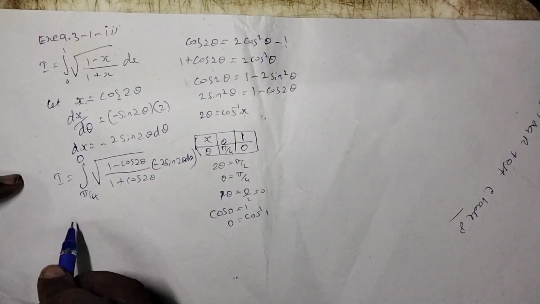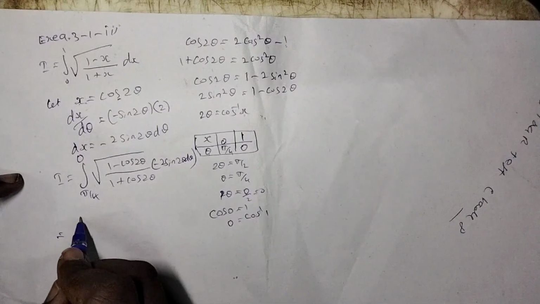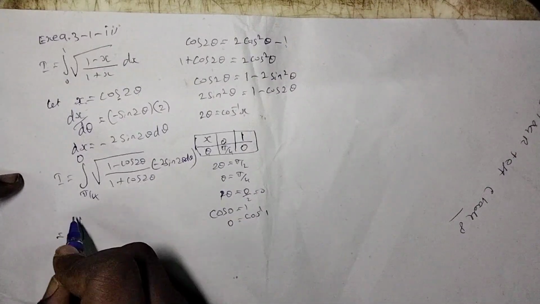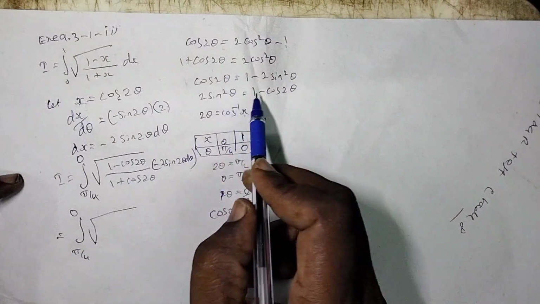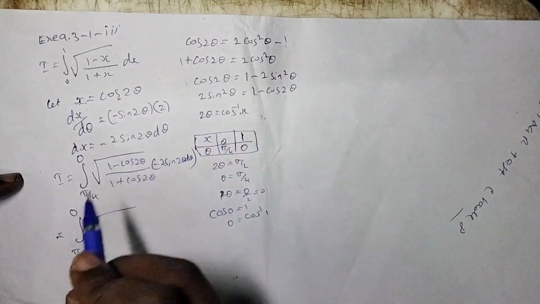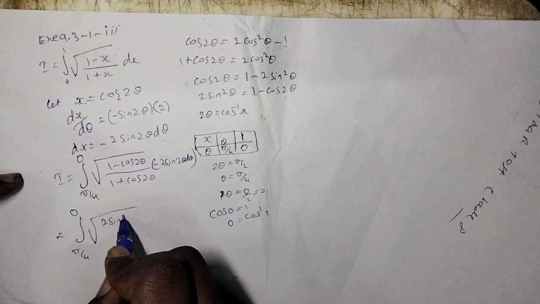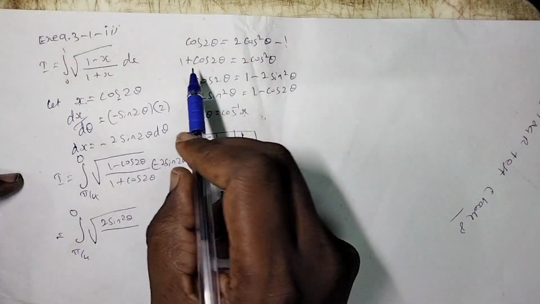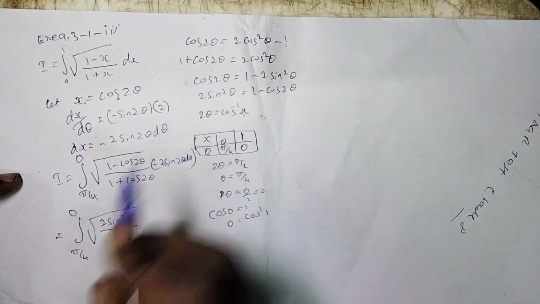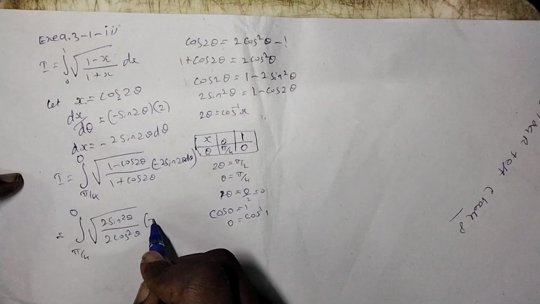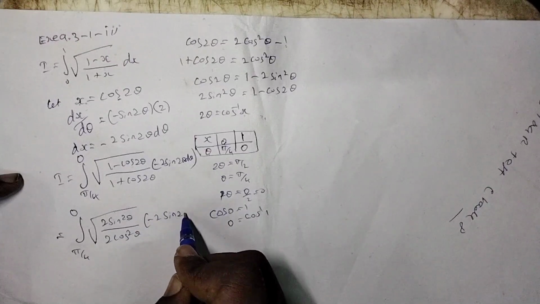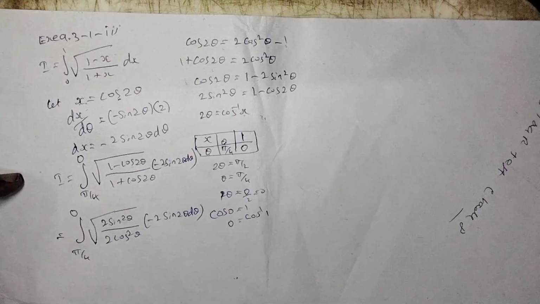Now the integral from pi by 4 to 0 of the square root of 1 minus cos 2 theta, which we can write as 2 sin square theta, over 1 plus cos 2 theta, which is 2 cos square theta, times minus 2 sin 2 theta d theta.